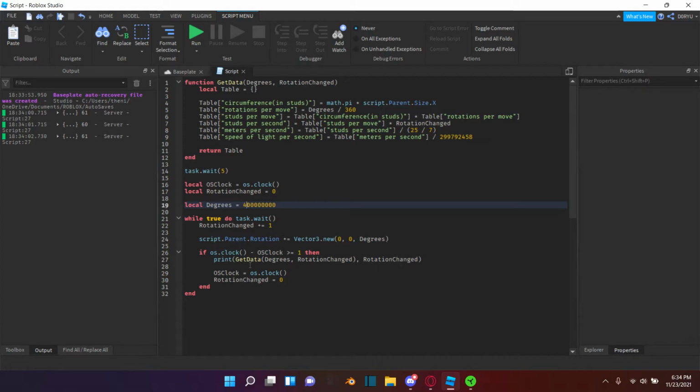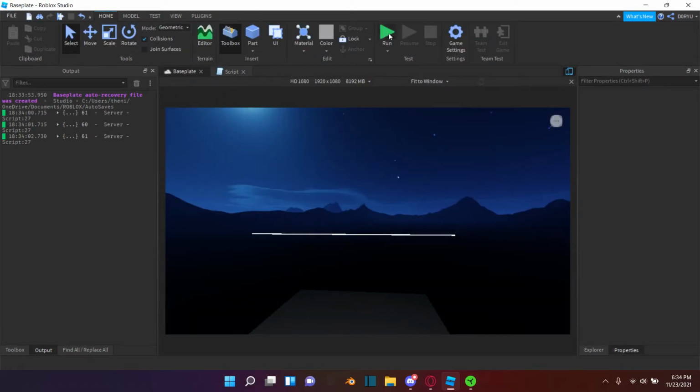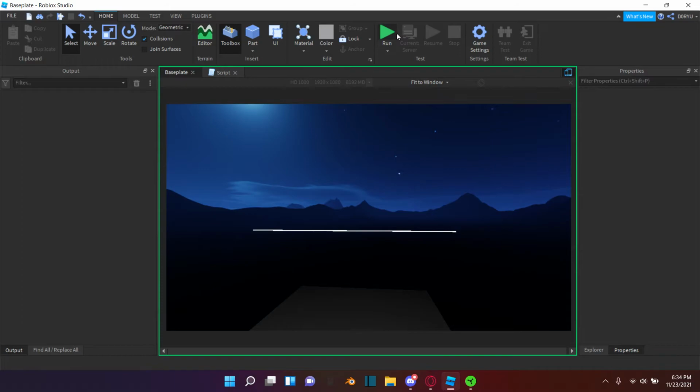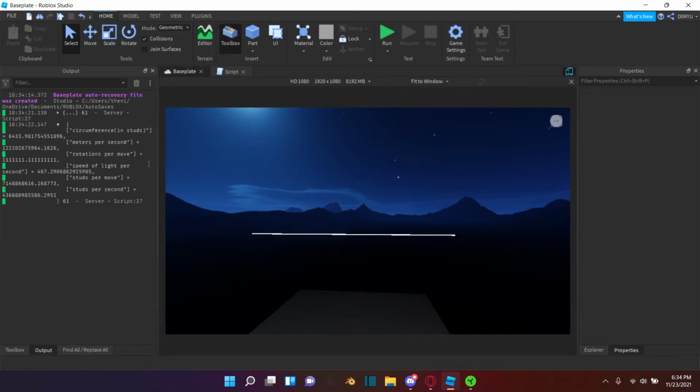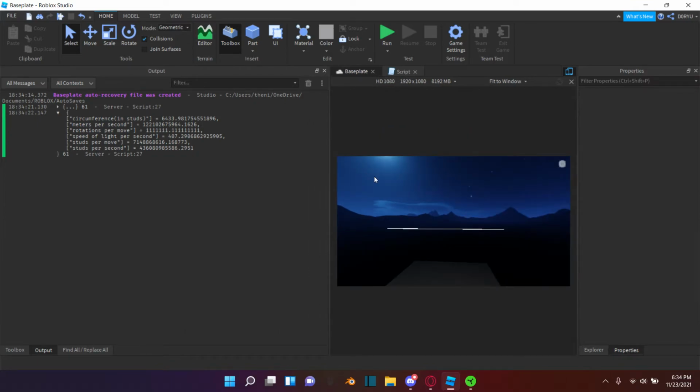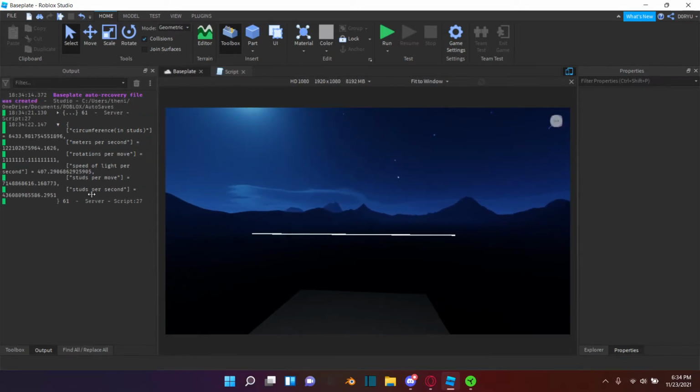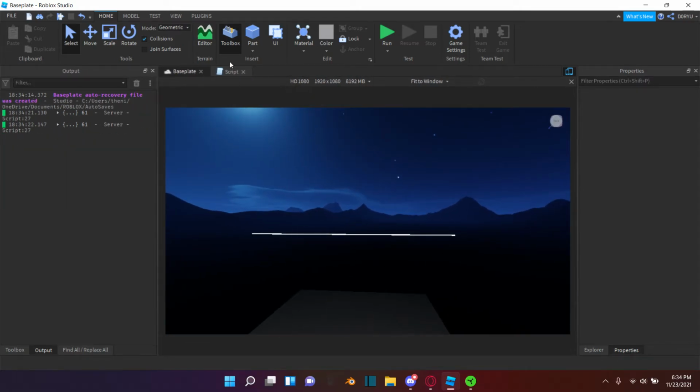We're going to go 400 million, and that should have interesting results, because that's even more than 102 times the speed of light. So we're going to look at this, and as we can see, that's 407 times the speed of light. That's crazy fast. It might not look like it, but it is.